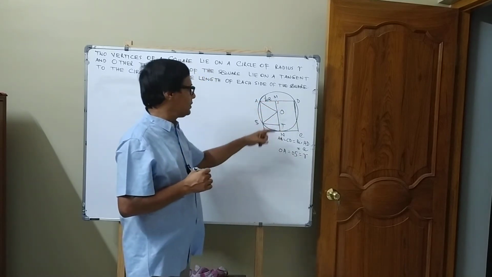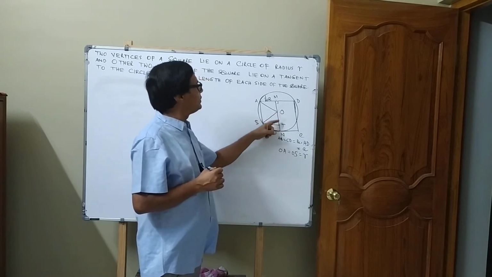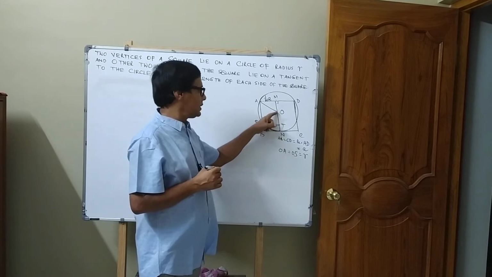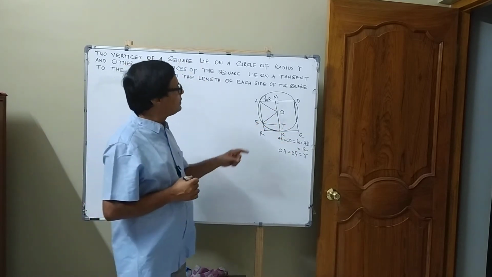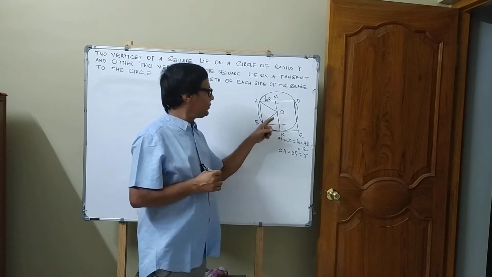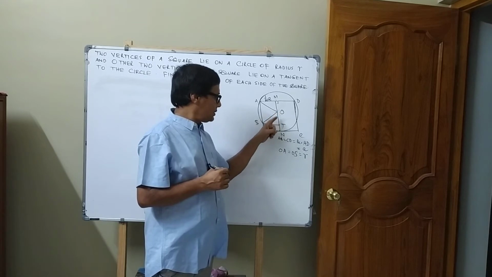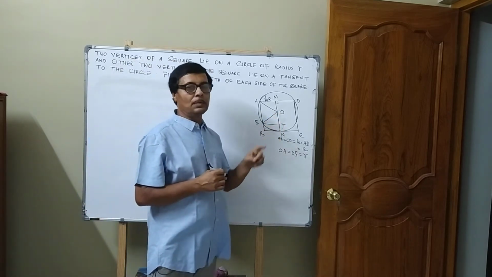Here we have also drawn the line from the center to the point of contact. So this is the radius passing through the point of contact, and this radius is perpendicular to the tangent. We know from a theorem that any radius passing through the point of contact is perpendicular to the tangent.